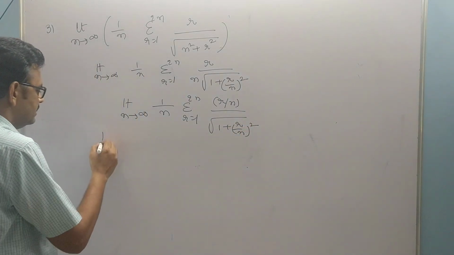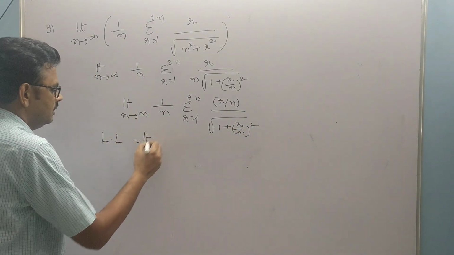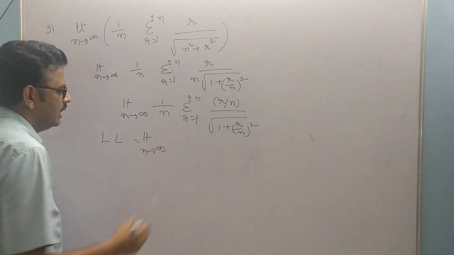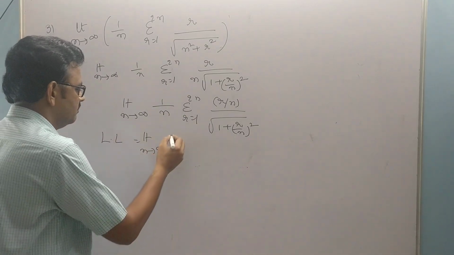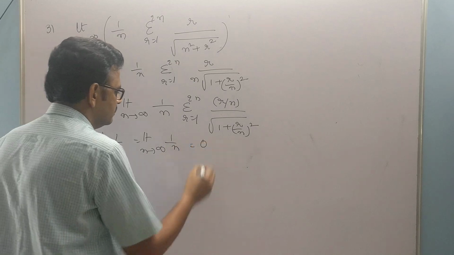What is the lower limit? Limit of n tends to infinity r by n, where r is 1, 1 by n, that equals 0.